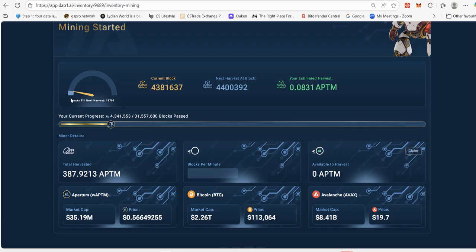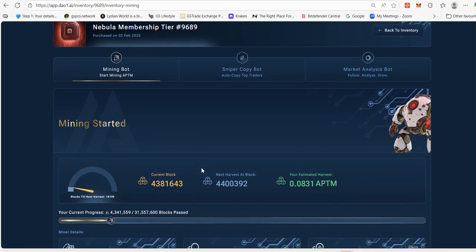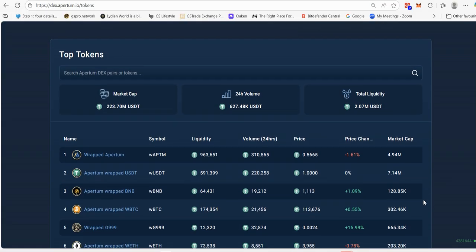Every 20,000 blocks you get a harvest, right? I've already harvested 387 Pertum on automatic through this mining bot. So I use some of these coins to add into the liquidity pool. It's not like I have to add extra capital, right? Yes, I have to get some USDT, but I'm using the Pertum because it's a pair.